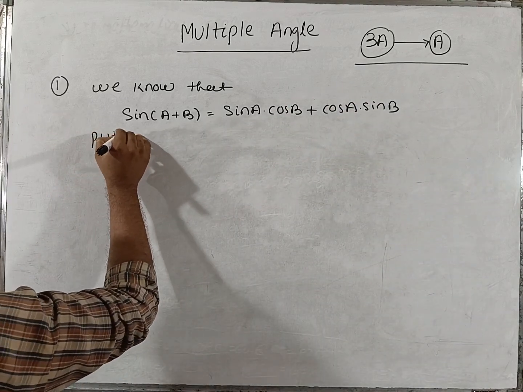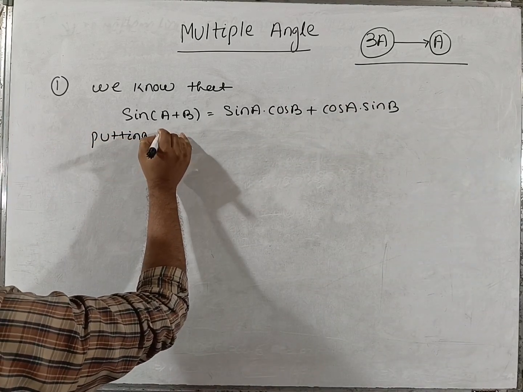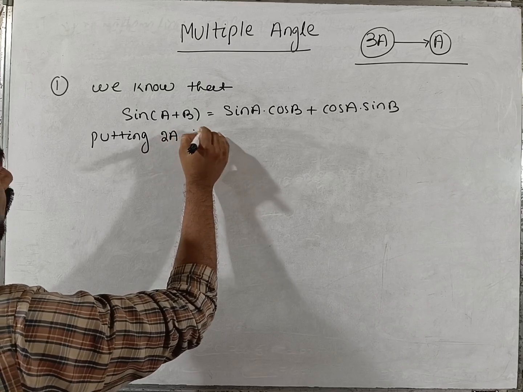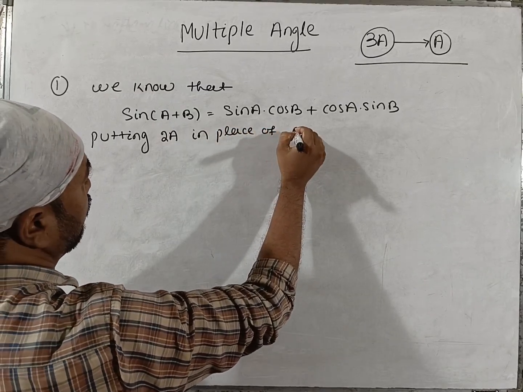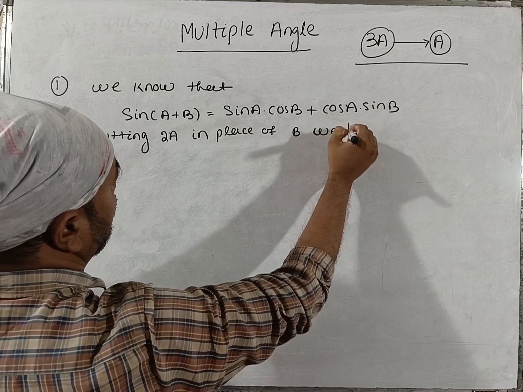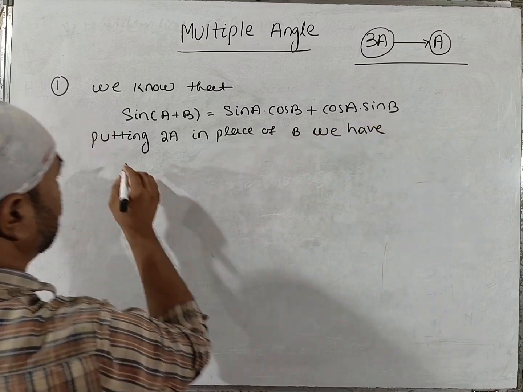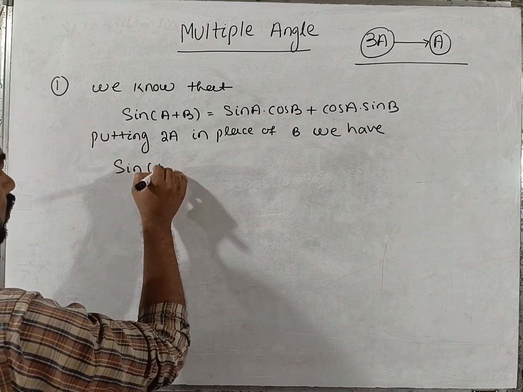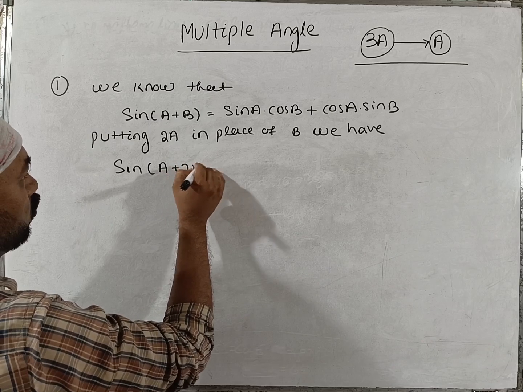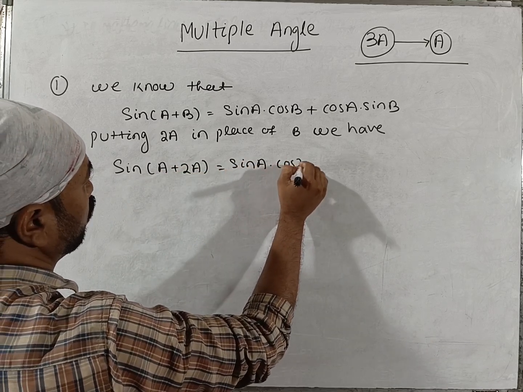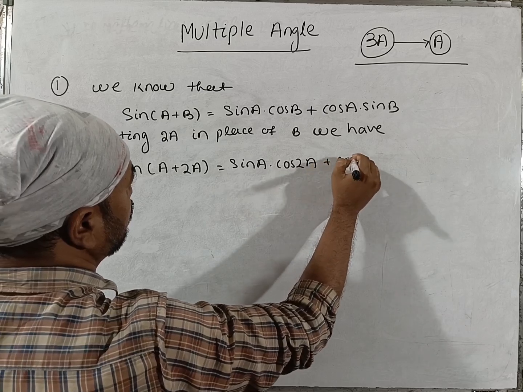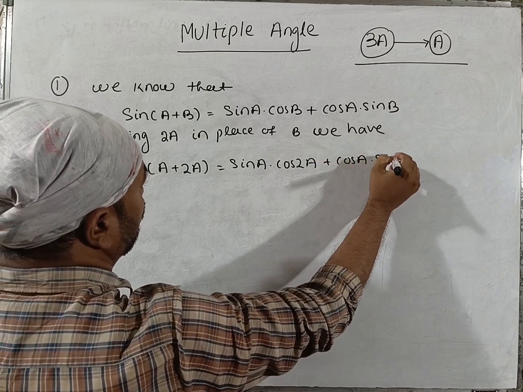Putting 2a in place of b, we have sin(a plus 2a), then it is sin a into cos 2a plus cos a into sin 2a.